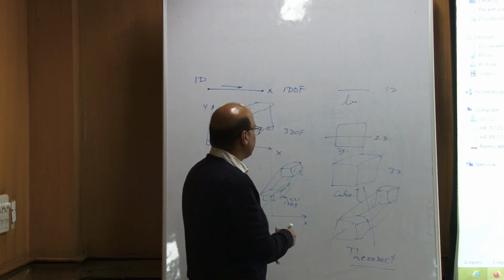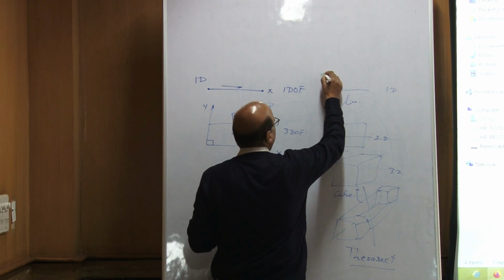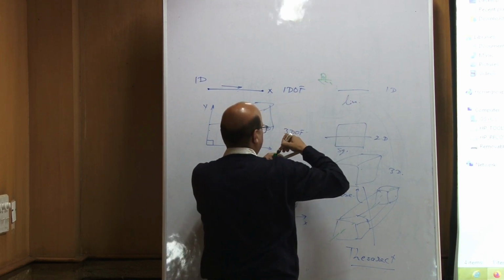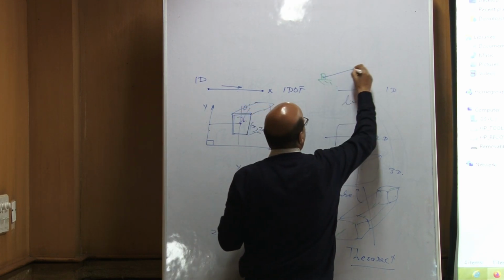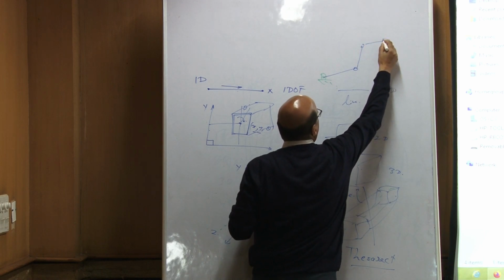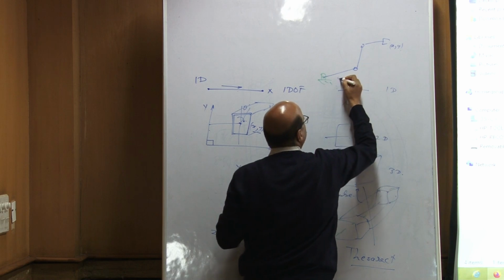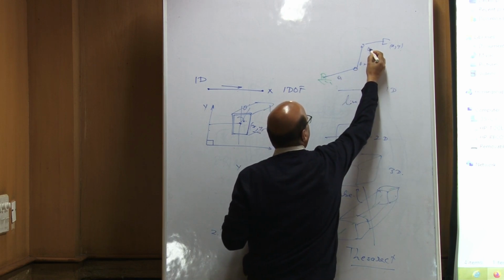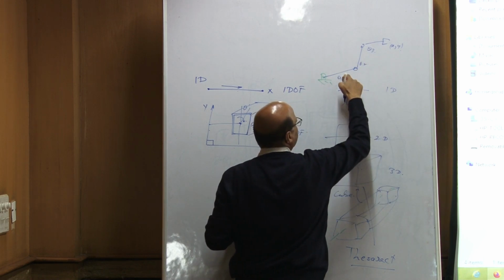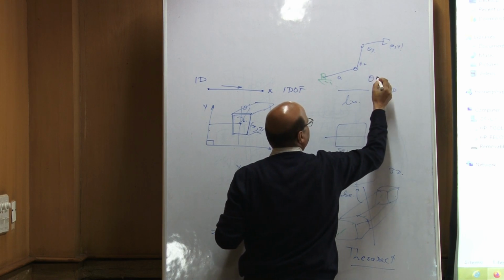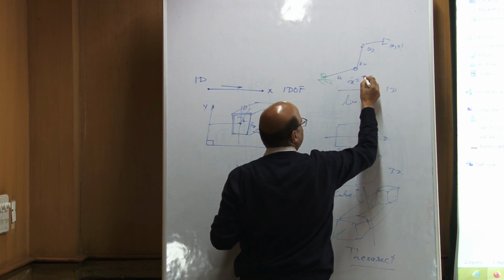Yeah, so we'll come to that. For example, as we go along, if you have a manipulator like this, so this is my xy, you have theta 1, theta 2, and theta 3. So the relation between this and that is given by x dot is equal to J into theta dot.